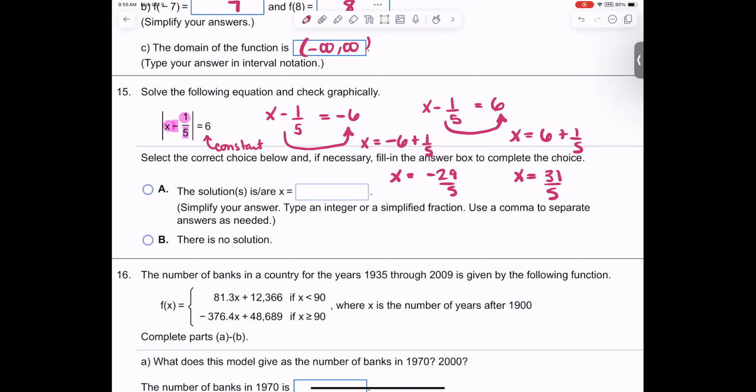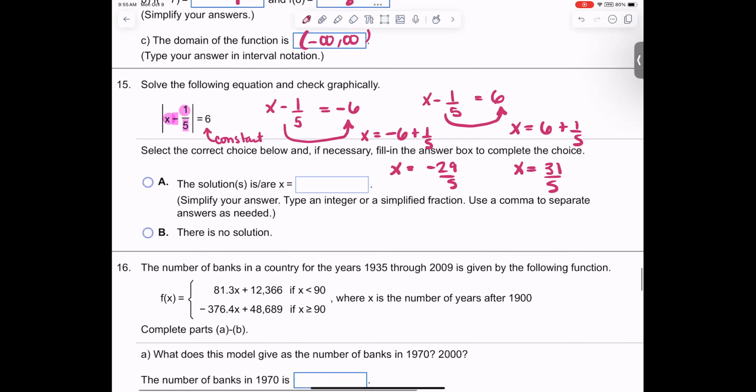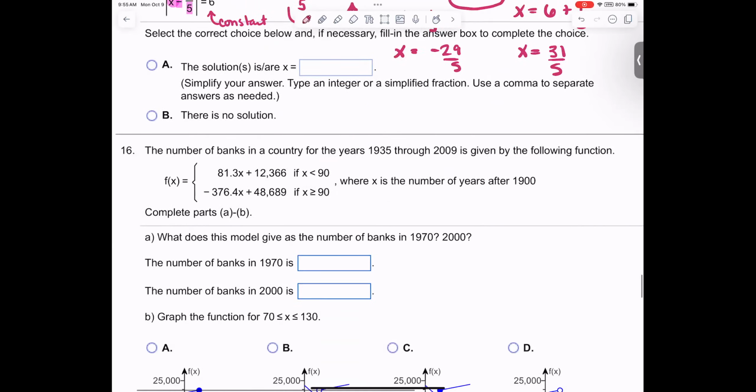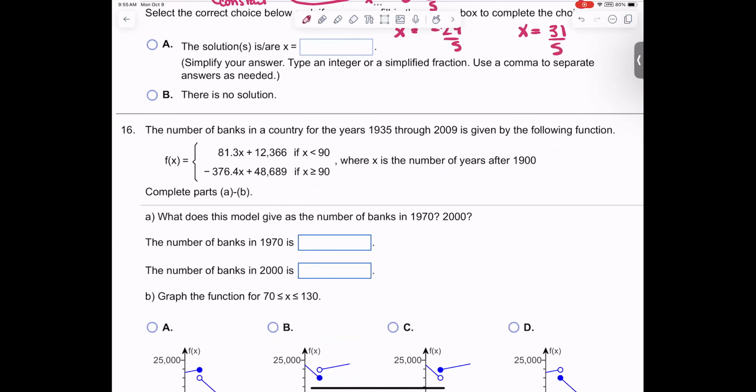All right. Another piecewise defined function. The number of banks in a country for the years 1935 through 2009 is given by the following function. F of x equals 81.3x plus 12,366 if x is less than 90, where x is the number of years after 1900.